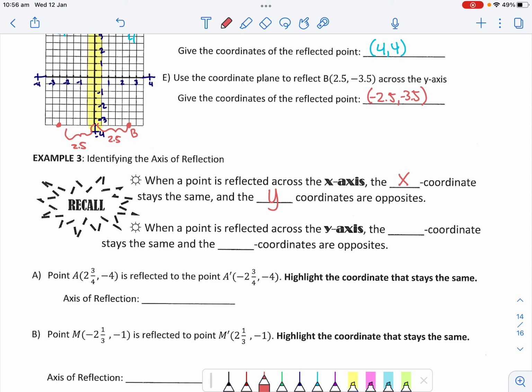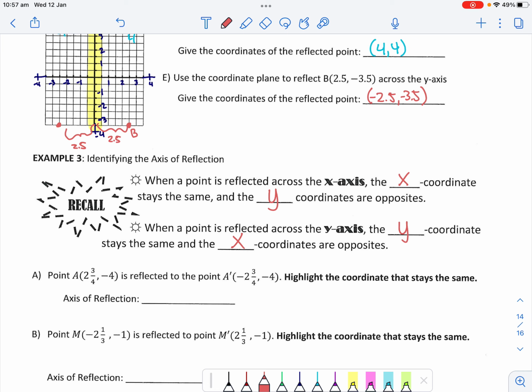When a point is reflected across the y-axis, the y-coordinate stays the same and the x-coordinates are opposites. So when you're looking at the 2 points that you're given and you want to decide which axis you flipped over, you want to find the coordinate that stayed the same because that's going to tell you which axis you flipped over.